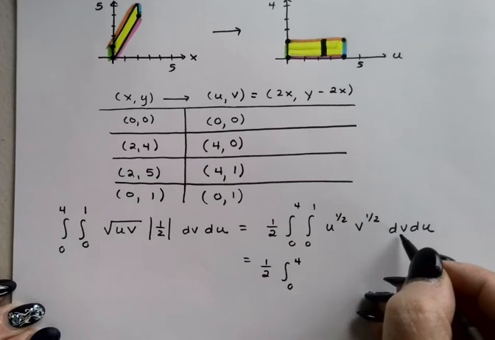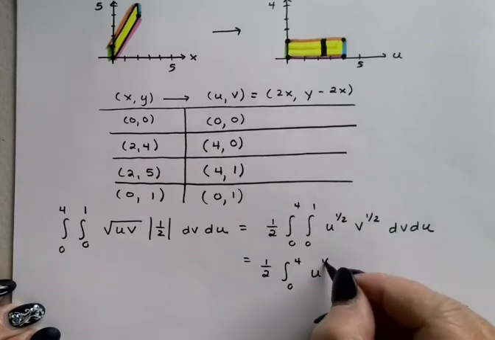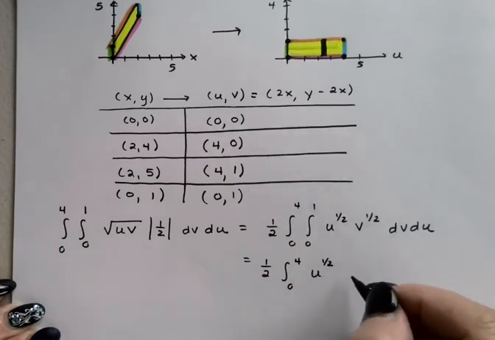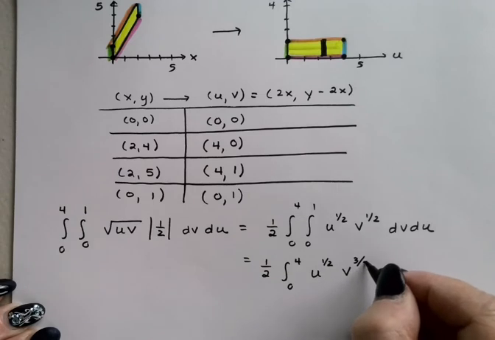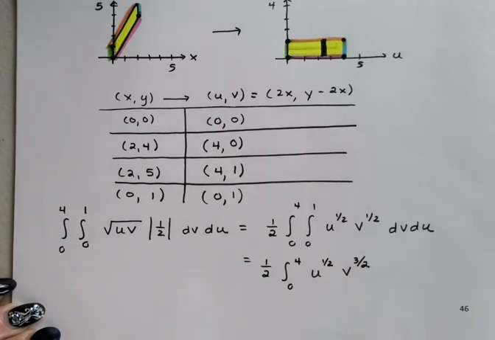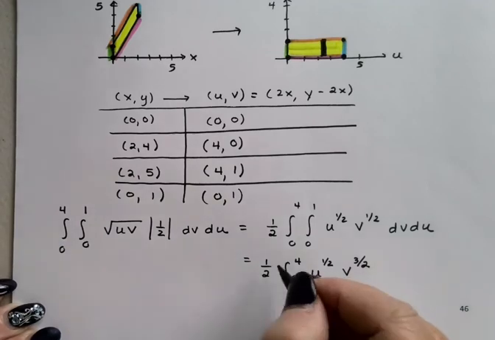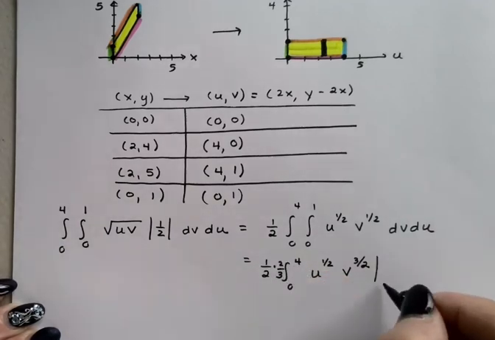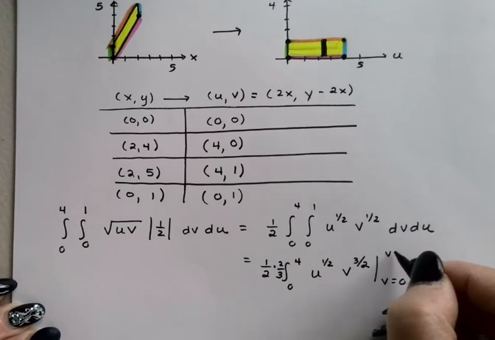So the integral dv, u to the 1/2 is still a constant multiplier, and that's going to become v to the 3/2. Dividing by that 3/2 is multiplying by 2/3. So I'm going to just pull that 2/3 right out here. And that goes from v equals 0 to v equals 1.